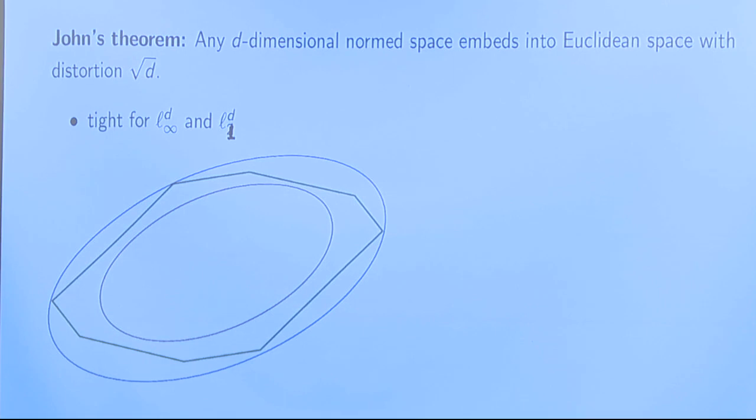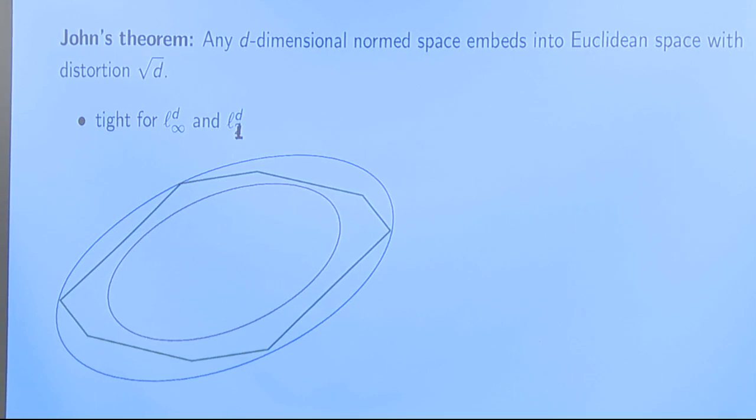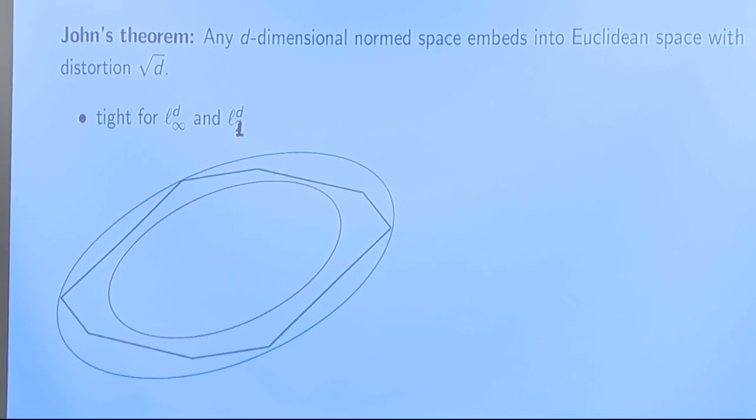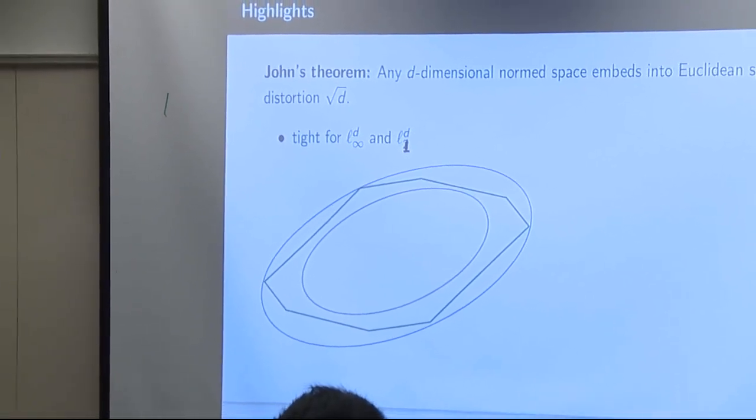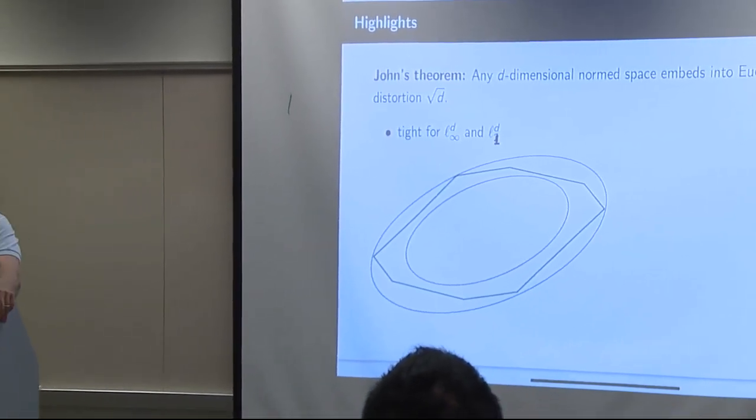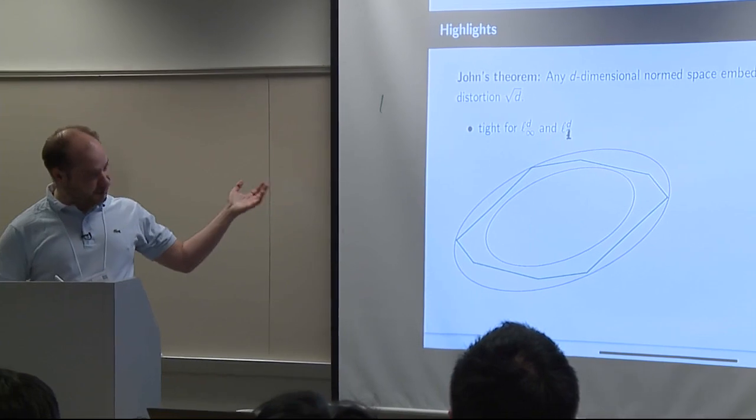This is what some of you may have heard as John's theorem also. What Fritz John proved is that any symmetric convex set can be approximated up to a factor of square root of d by an ellipsoid. This is how it connects to the statement about embeddings.